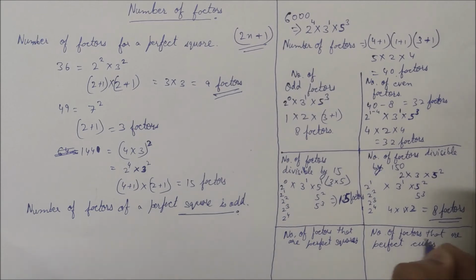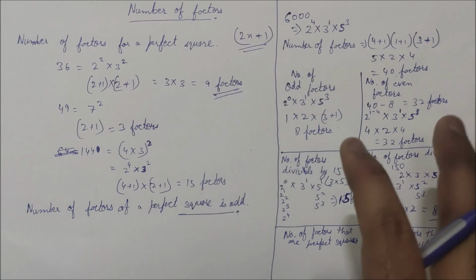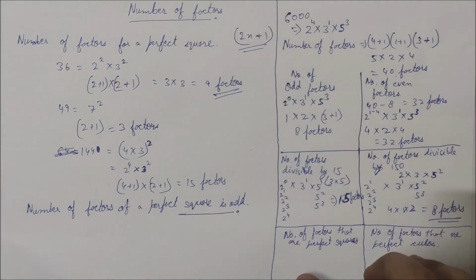Okay, so these are the 2 last conditions that can be provided when you are dealing with questions of number of factors. So let us try to understand how do we deal with such conditions.